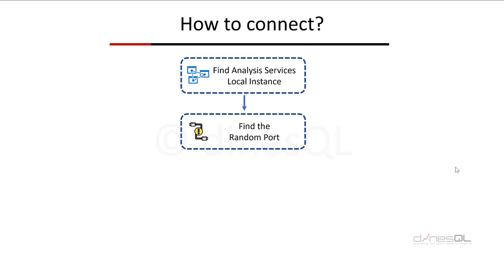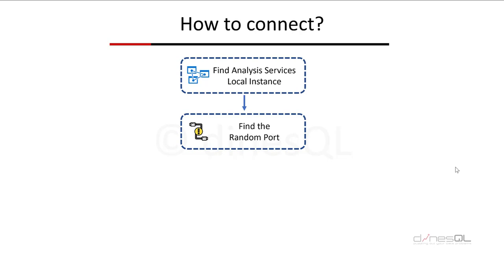All these instances have a port attached to them. Basically it creates a random port, and that's the port it uses for communication. So you need to know the port number in order to connect with this analysis services local instance that has been created for your Power BI desktop model. So how do I find the port?